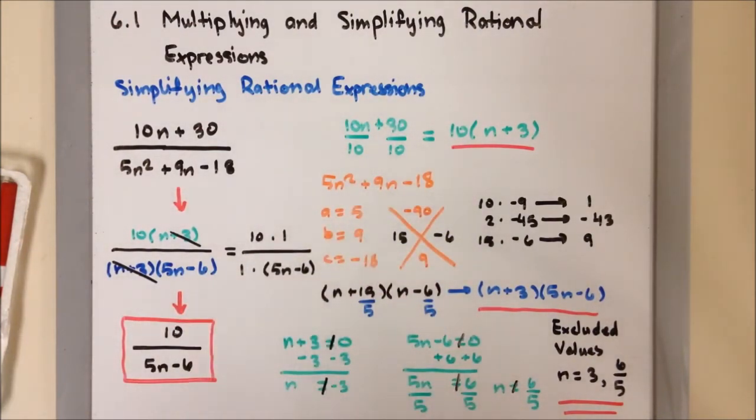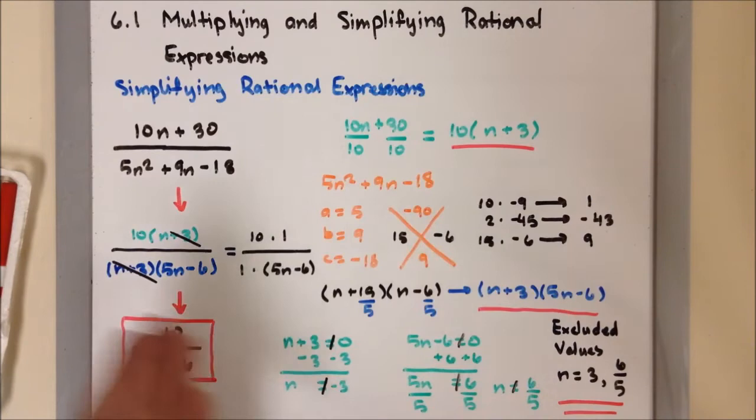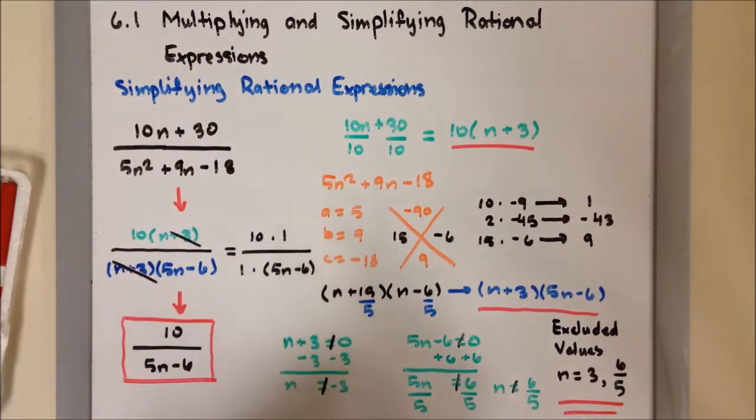Now you only write the not equal symbol when the question is phrased, what values can the denominator not equal? It's the same process. You factor, and then you find the values of n. For excluded values, you can say n equals negative 3, 6 over 5.